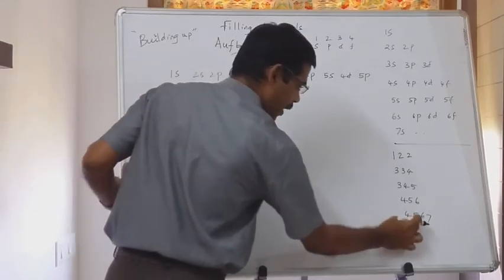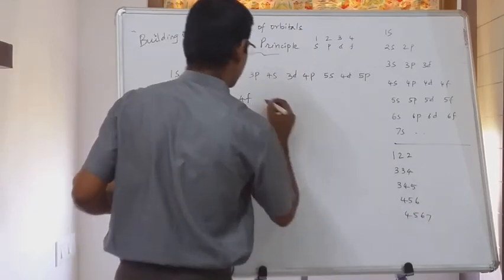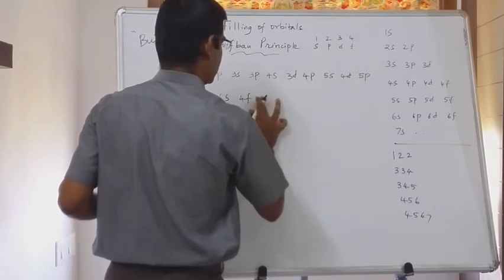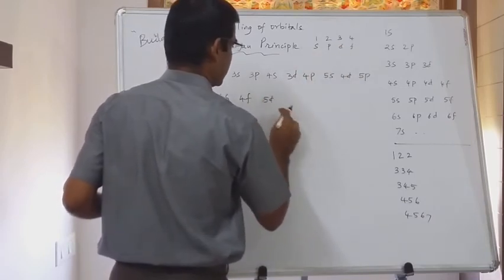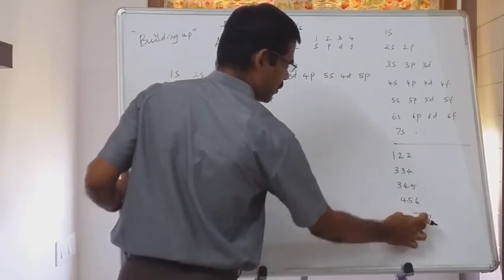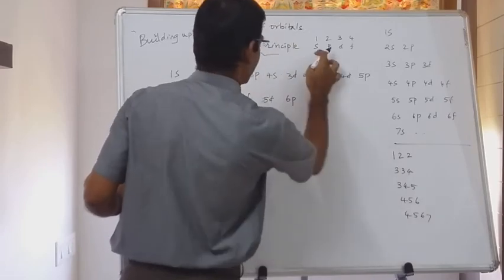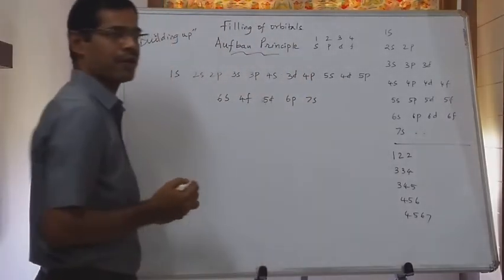Then 5 comes for the third time, so third time means d: 5d. Then 6 comes for the second time, therefore 6p. 7 comes for the first time, so write 7s.